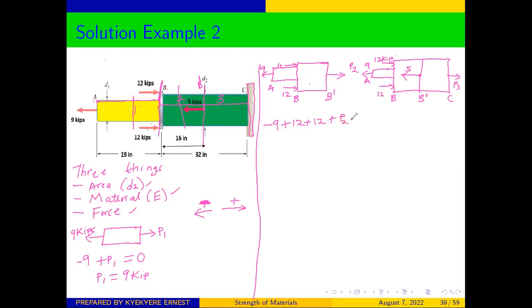P2 will be equal to 0. From here, we can make P2 the subject. So we can say that P2 will be equal to 9 plus 12 plus 12, which will give us 15, but we send it to the other side. So we are going to get negative 15, which means that that internal force is in compression.